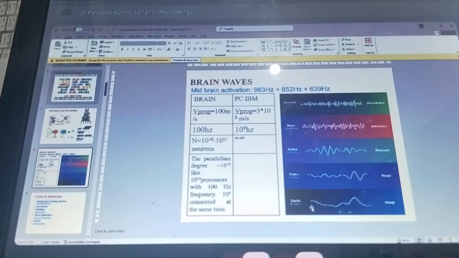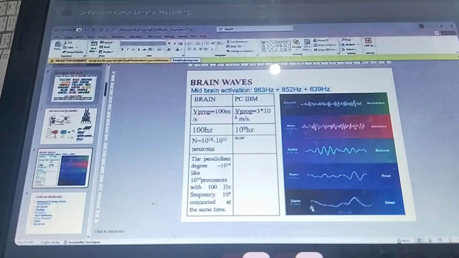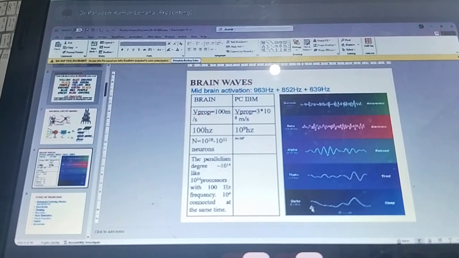In coma, it is again very, very low frequency. That's why the total energy consumption by the brain decreases. On the other hand, the frequency used by a normal computer is 10 raised to the power 9 hertz, in the gigahertz range. That's why it takes a lot of power.